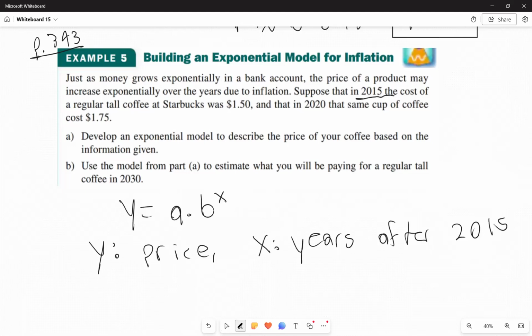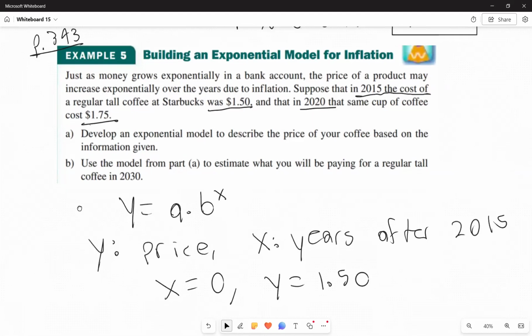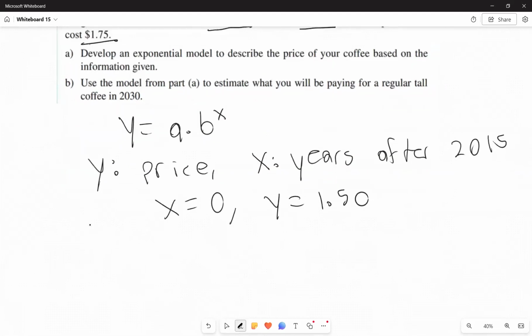So in 2015, the cost of a regular tall coffee was $1.50. So when X equals 0, Y equals $1.50. And in 2020, the same cup of coffee cost $1.75. So in 2020, that's 5 years later, and Y is $1.75.